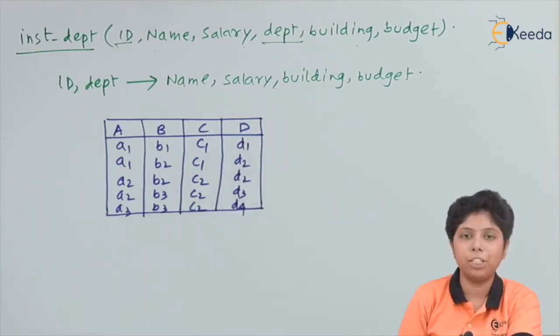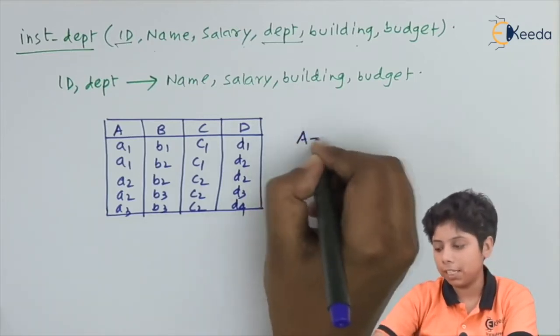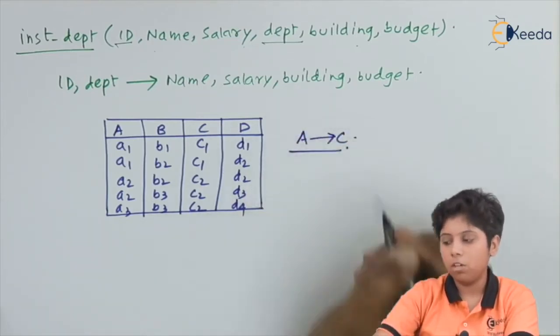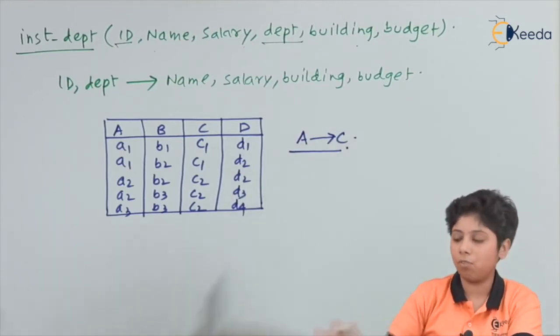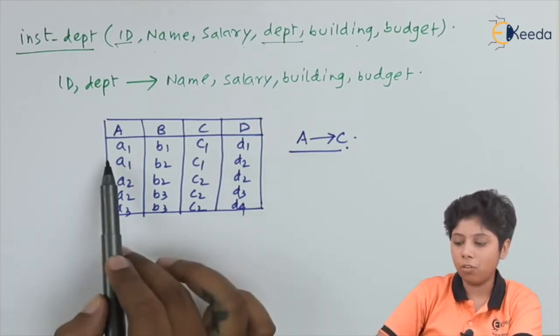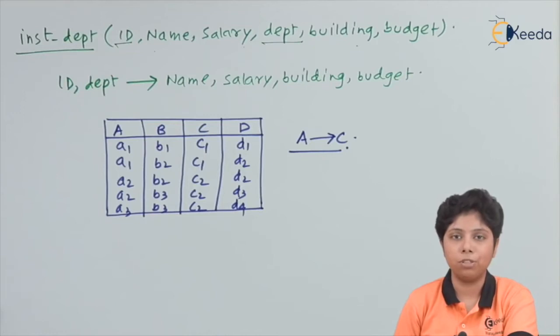Now in this relation, we want to check for the functional dependency A to C. We know that the functional dependency from A to C exists if the same value on A goes with the same C value. So now check it using this example.